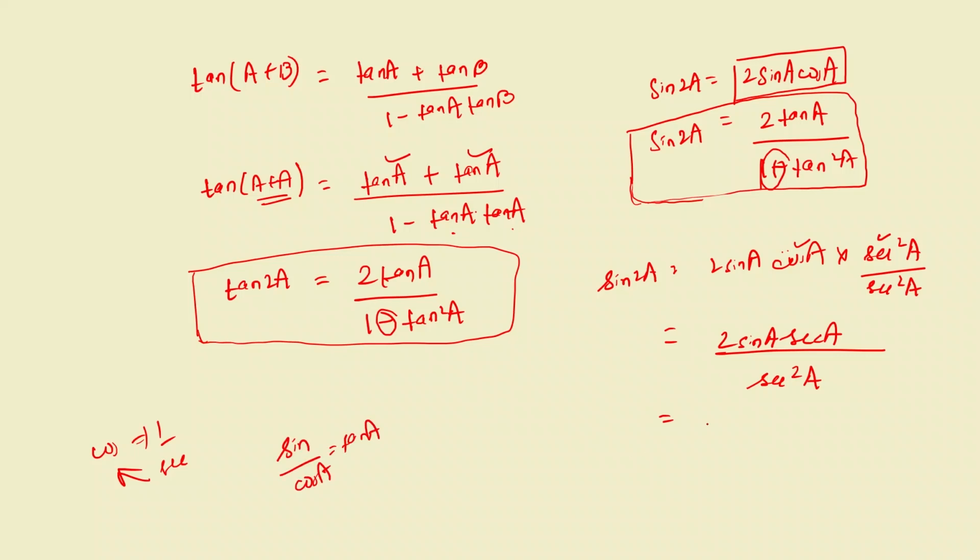and sine by cos is nothing but tan. So that was just a quick hint, and if you are actually good at your plus 10 trigonometry, you will get this very fast. And then at the end, we just write down sec square as 1 plus tan square, and that's it. Here we are, sine 2a is 2 tan a by 1 plus tan square a. And similarly for cos 2a we have one more formula.